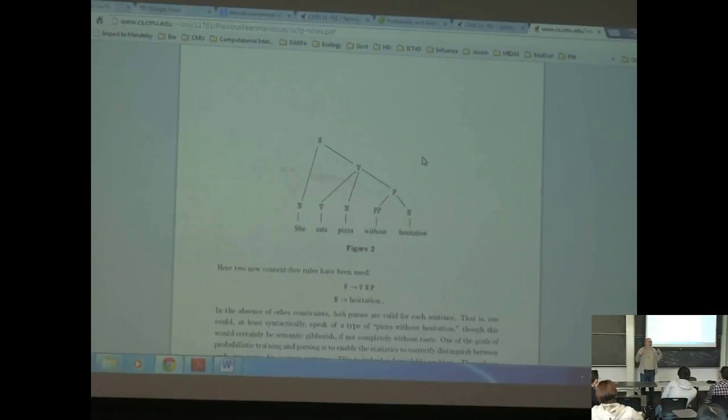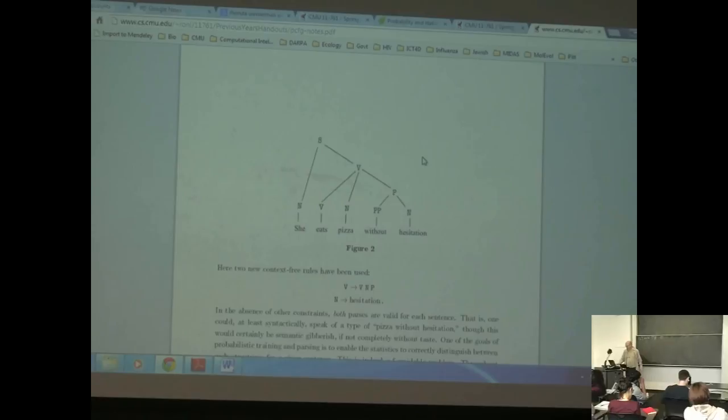It's only us who know what hesitation versus anchovy are that we make the right attachment without even thinking about it. But from the point of view of the context-free grammar, we have to account for the possibility of either tree being the right one under each one.